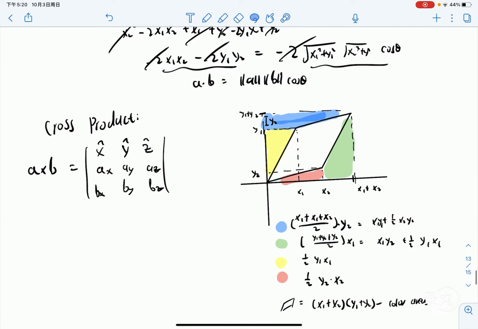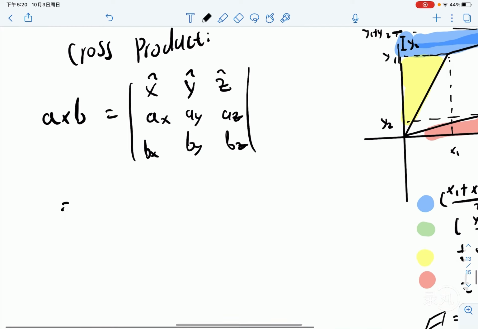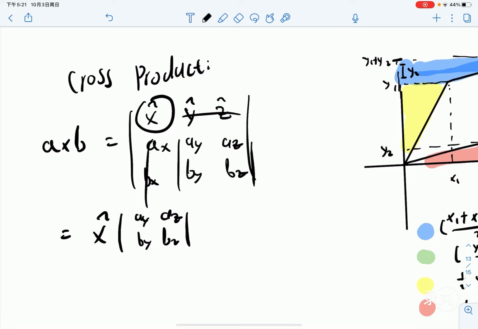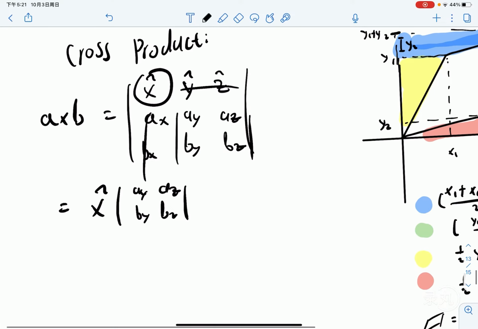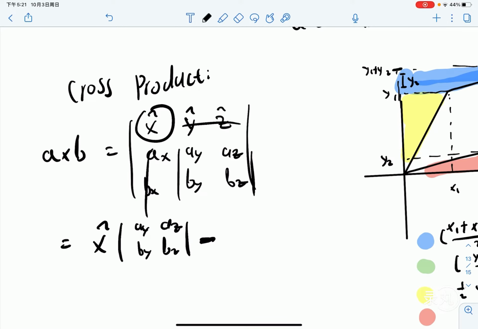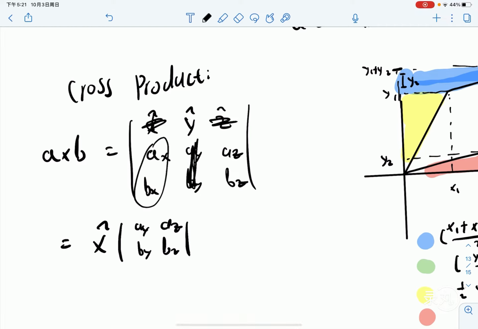Just wait a second. This is going to be x hat, y hat, z hat, ax, ay, az, bx, by, bz, or just write it out. The way you evaluate it is you see the first term and ignore these terms and just get this one out, and for the second term you put a negative first. Then you ignore this and this, and just take this 2 out, and put a negative sign over here.